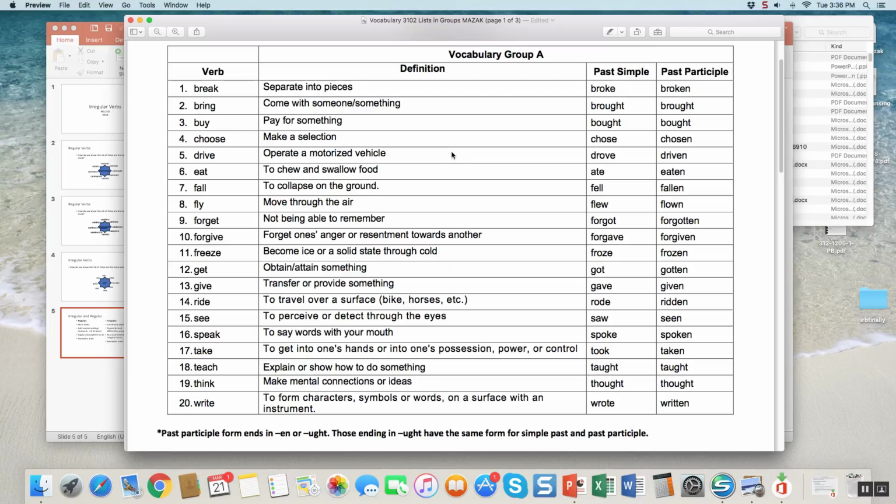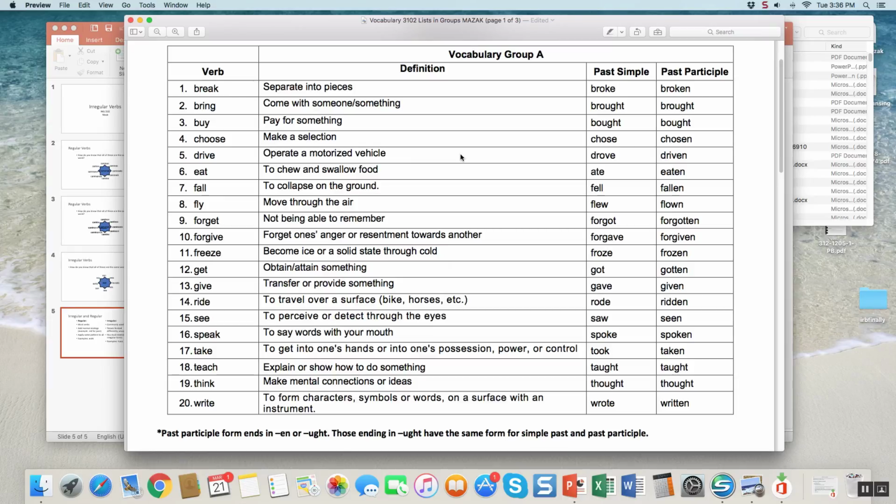All right, I'm going to make some suggestions now for how to study vocabulary from a list. 1, make up your own sentences to give examples of how to use the vocabulary word. 2, flashcards are a great way to practice, but make sure that even if you practice with flashcards, you also practice by using the word in different contexts and trying to think up example sentences.